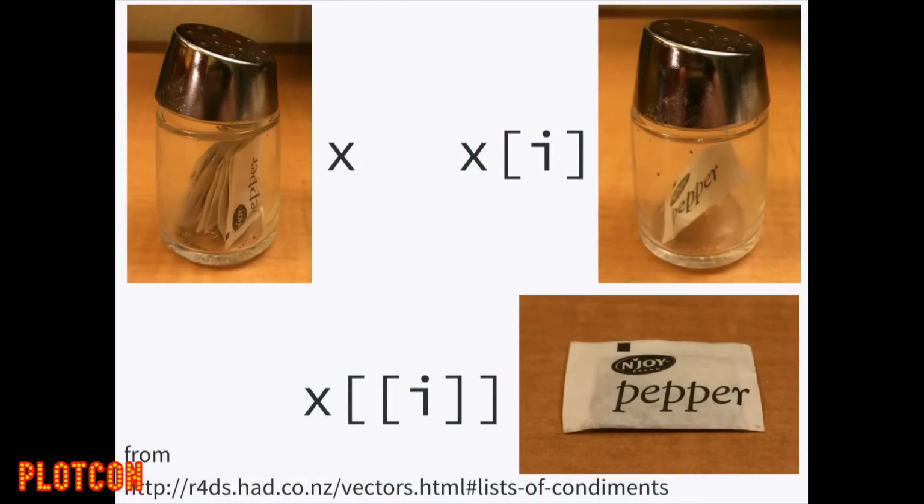The inspiration for me is a set of photos that Hadley took, I guess, in a hotel room, of the kind of pepper shaker you might encounter in a kitchen where clearly no one ever cooks. But it has been used to describe the difference between indexing into a list or a data frame with single square brackets versus double square brackets.